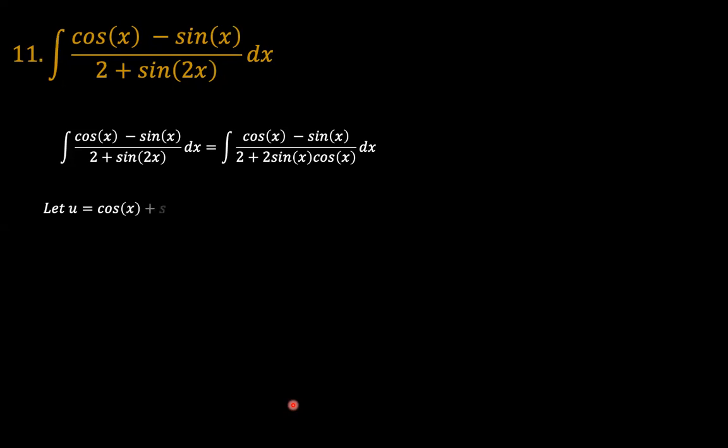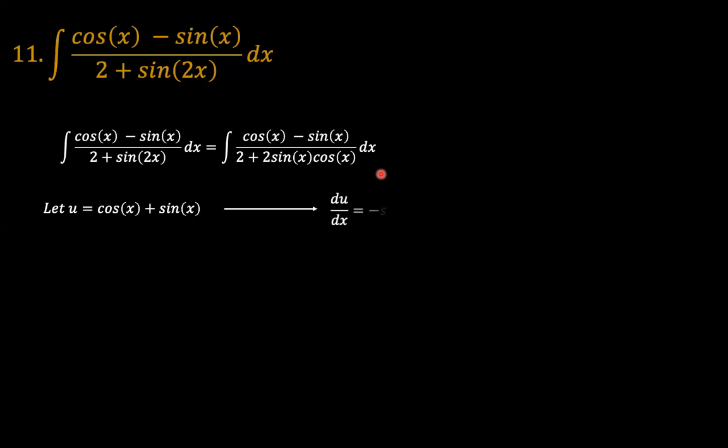And so we can say let u be equal to cosine x plus sine x. And there's a reason I'm trying to put that substitution, because I want to simplify this denominator.